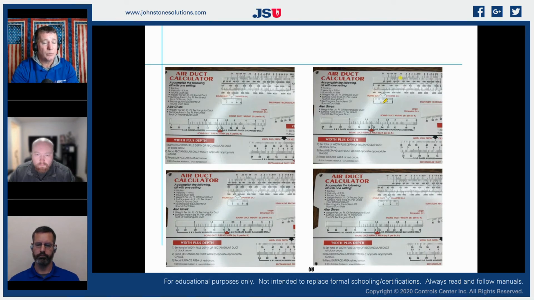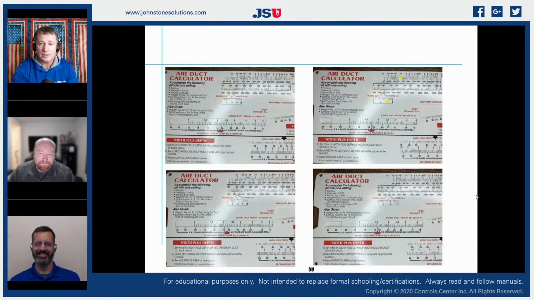So it's hard to imagine that we were actually running a 7-inch round to this bathroom, but we will be, because we needed that much airflow. 125 at 0.1 is going to give us above a 6. That means we have to run a 7-inch round to this particular application. That's a big bathroom. If I need that much airflow in the bathroom, it's got a lot going on in there, but that's what it called for.